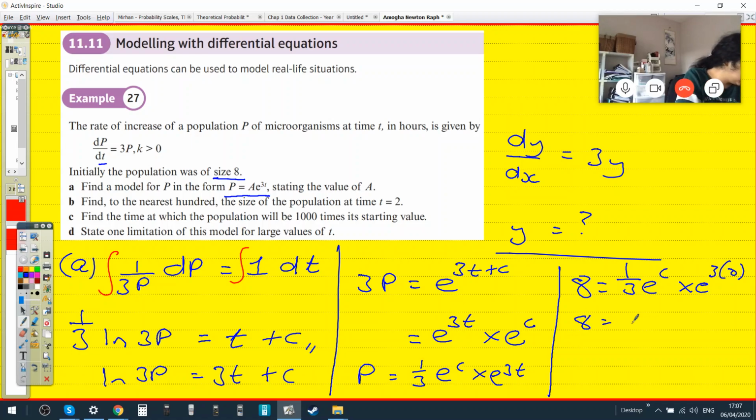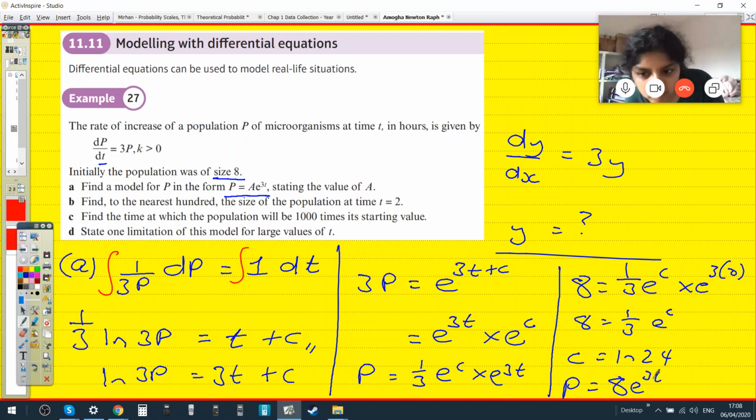I got ln 24 is the answer. And so c is equal to ln 24. And so wouldn't the answer just be 8 e to the power of 3t? Yes. So p is equal to 8 e to the 3t.